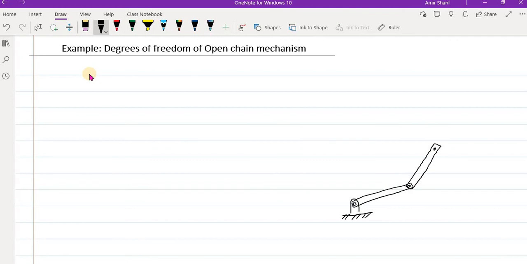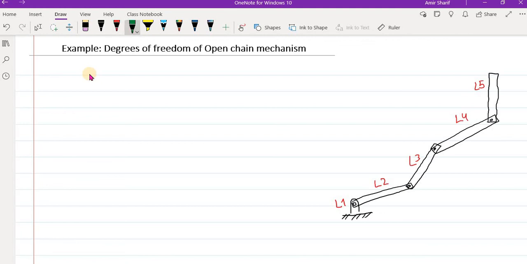Then we have link 4, and finally we have link 5. Just to mention, this is link 1, link 2, link 3, link 4, and link 5. So we have 5 links here.